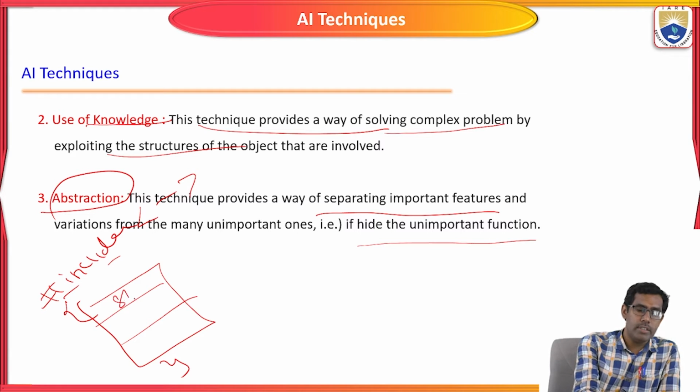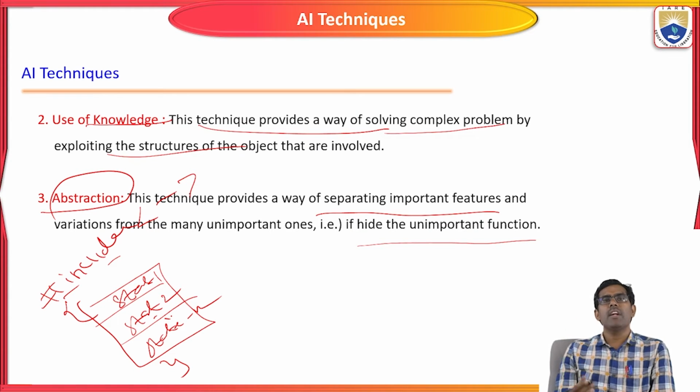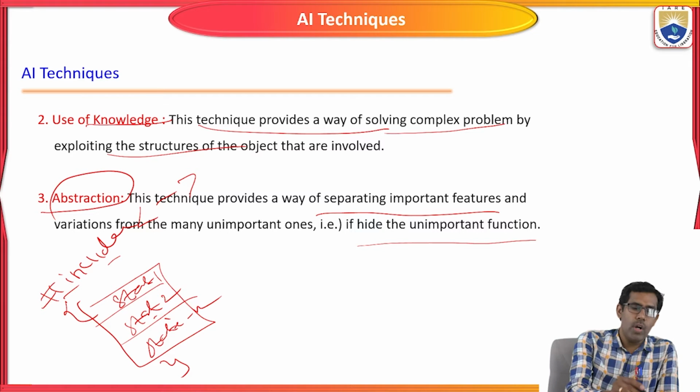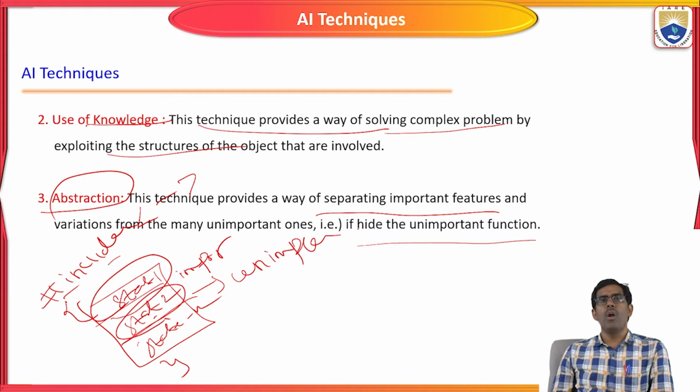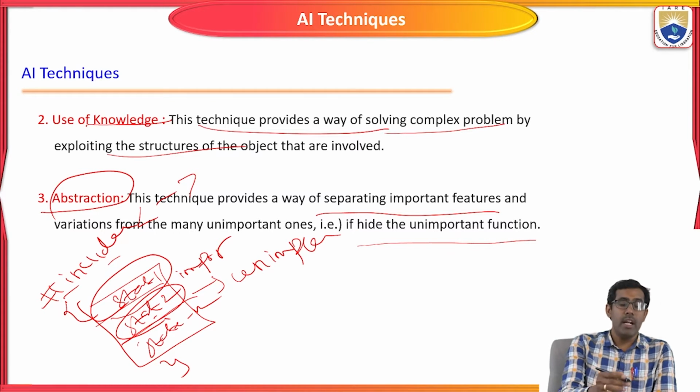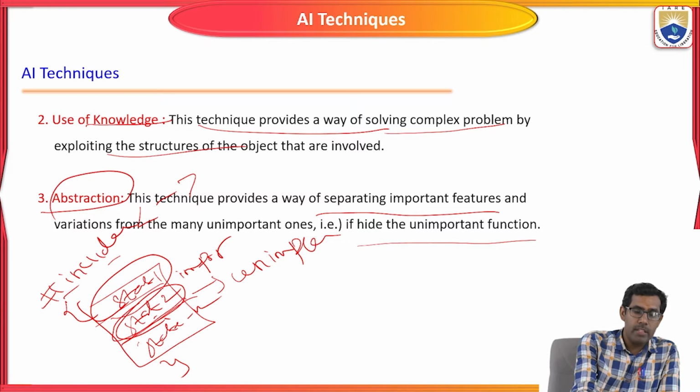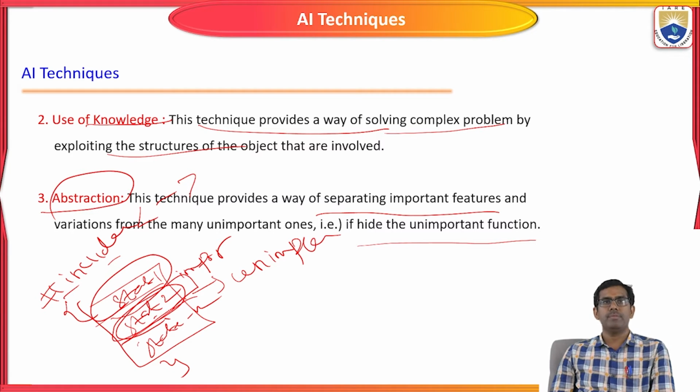Here we write statement 1, statement 2, up to statement n. We consider this one as important, and this second statement is considered unimportant. So now we are going to hide that unimportant information from this block.